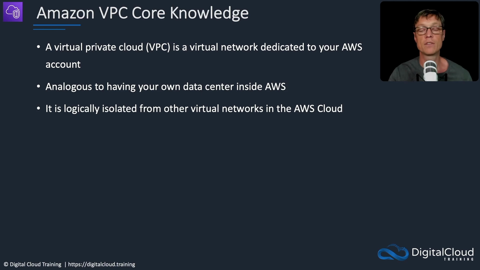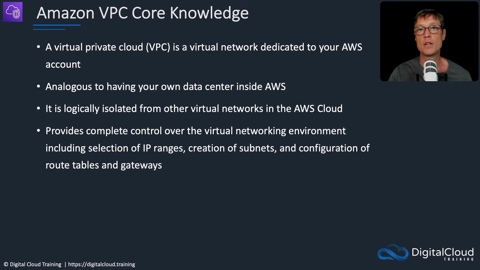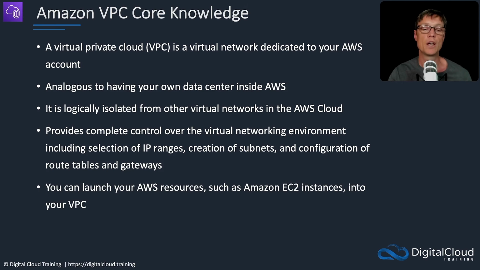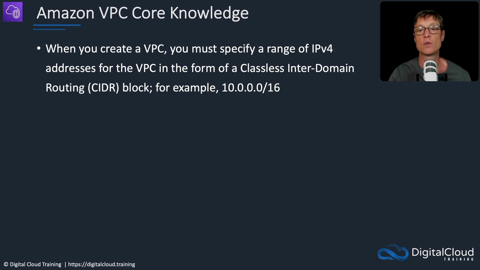It's logically isolated from other virtual networks in the AWS cloud. And as I mentioned before, you get full control over lots of the configuration items in your VPC. And a VPC is a place where you then launch your resources such as Amazon EC2 instances. When you create a VPC, you must specify your CIDR block. So that's the overall block of addresses.